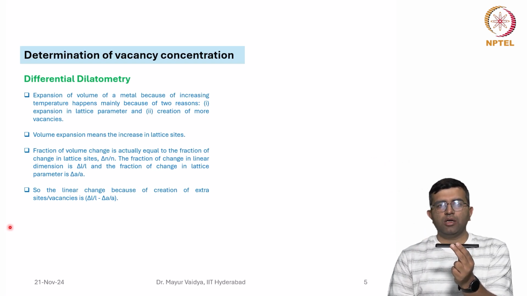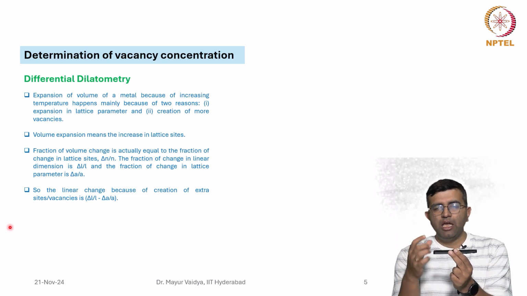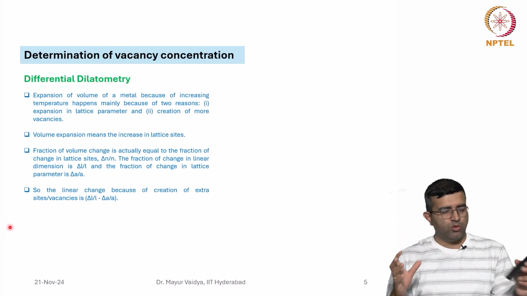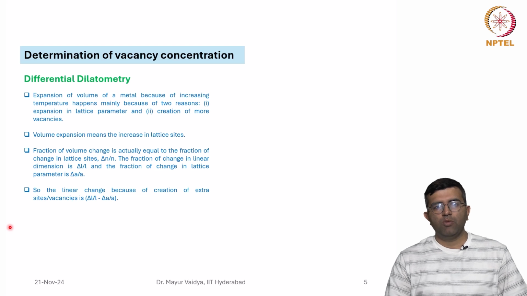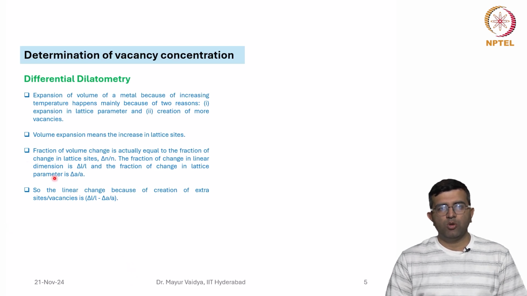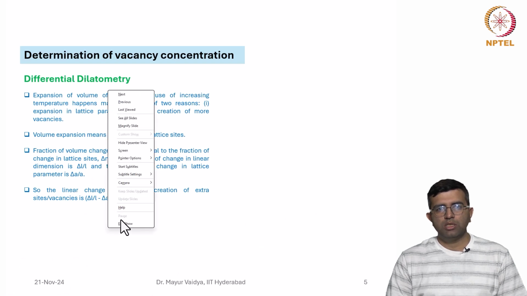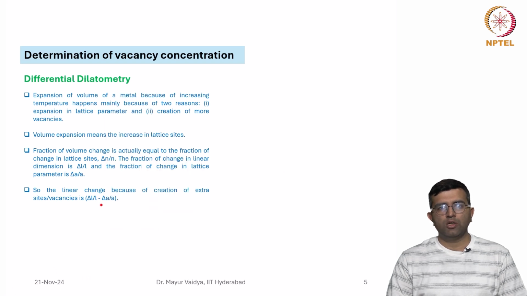One is due to the change in the lattice parameter, which is delta a by a. So, the remaining change, if you take the difference of these two, is what is attributed to the change in the vacancies. So, this here is what is in terms of the vacancy change. This is how you calculate.